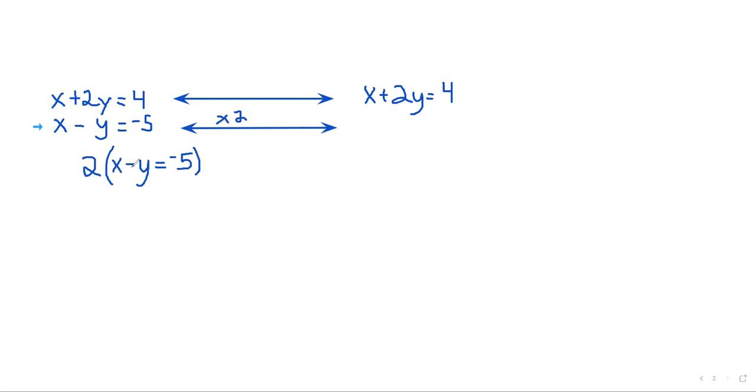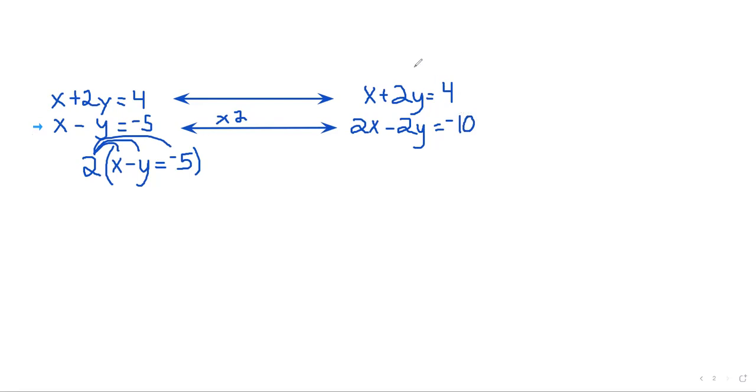So we get 2 times x is 2x, and I'm going to write it over here. And then 2 times negative y is negative 2y. 2 times the equal sign is still the equal sign, and then 2 times negative 5 will be negative 10.